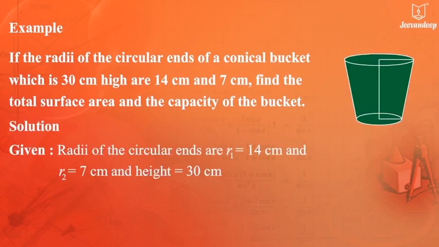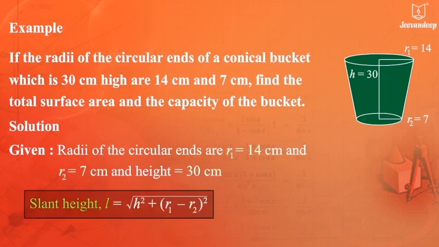Solution: radii of the circular ends are R1 equals 14 centimeters and R2 equals 7 centimeters and height equals 30 centimeters. Slant height L is given by square root of h square plus (R1 minus R2) whole square.